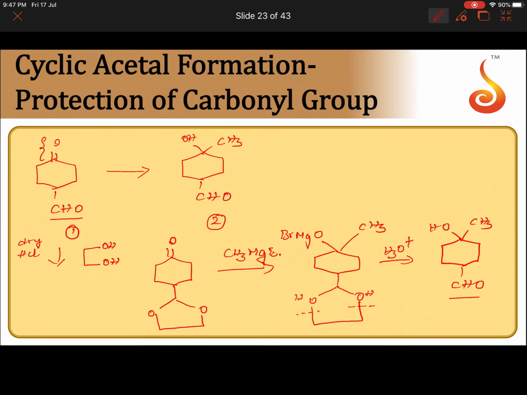Okay, so again I am explaining. Let us learn this equation in more detail. Here the CHO is there. First, this compound is treated with glycol in the presence of dry HCl.